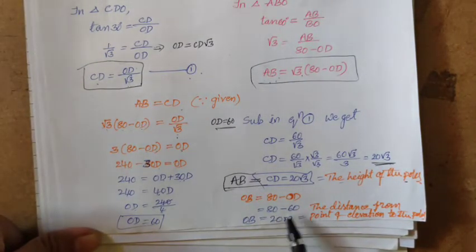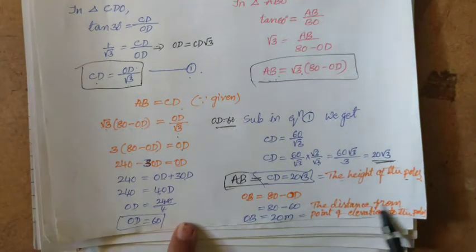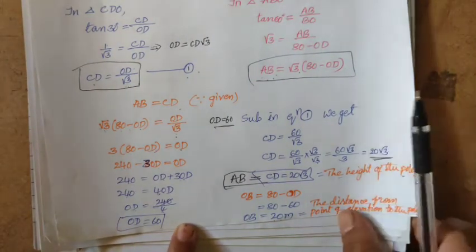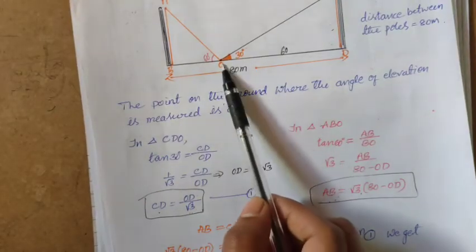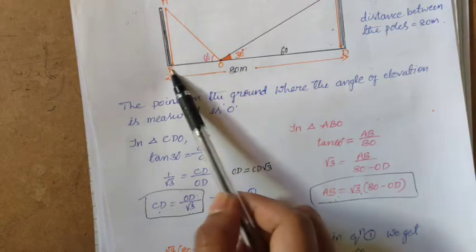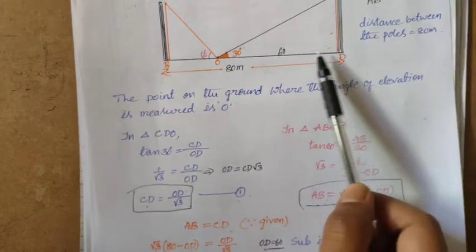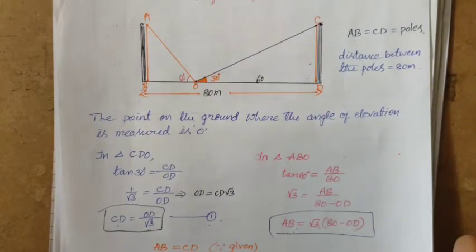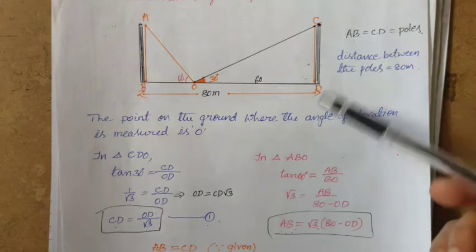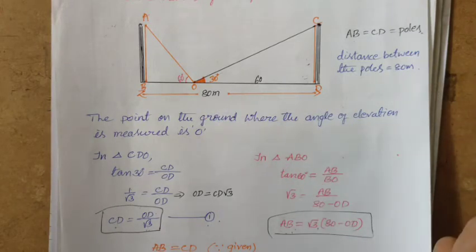That's why 80 minus 60 is what? 20 meter. The distances from the point of elevation to the poles are, one is 20 meter, the other one is what? 60 meter. So in this way we can find the height and distances using trigonometric applications.